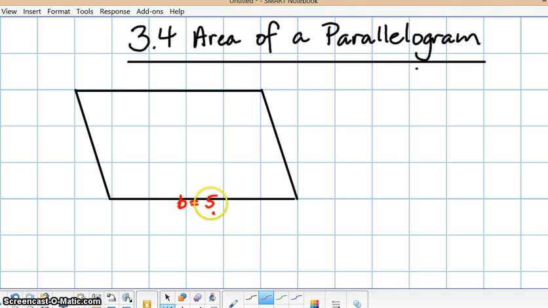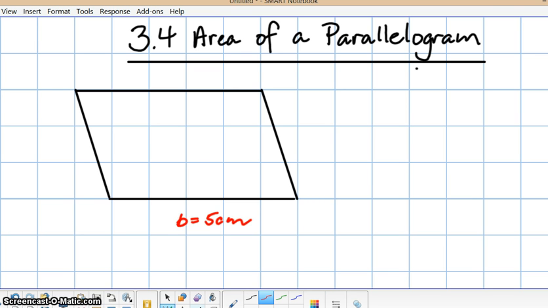Oops. Don't know why that's moving. Okay, let me fix that. Okay, redo that. So B equals 5 centimeters. Now this is where we talk about the height being the perpendicular distance from the base to the other side.